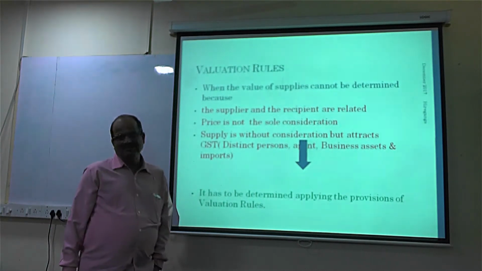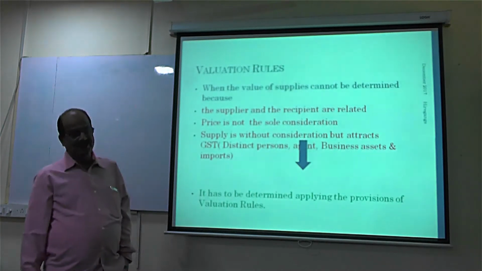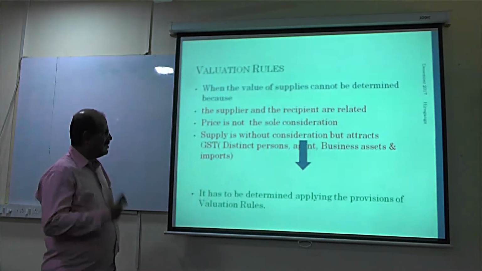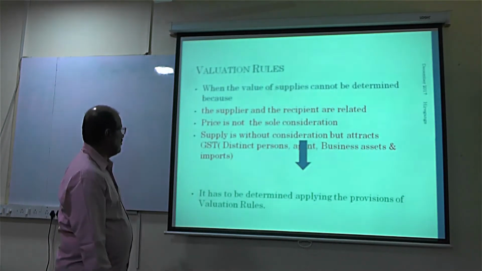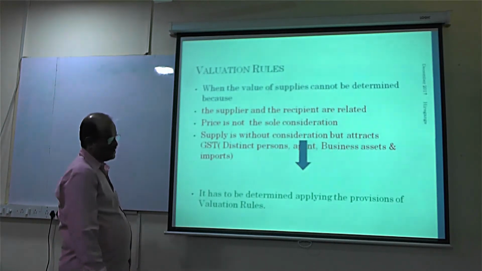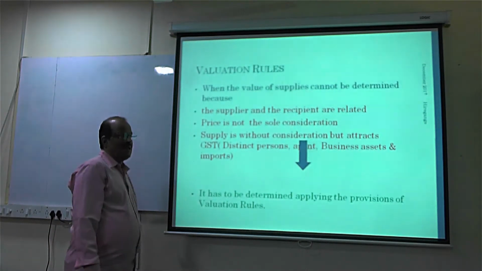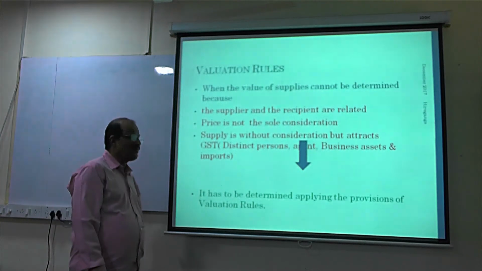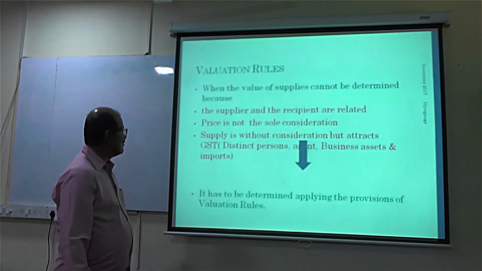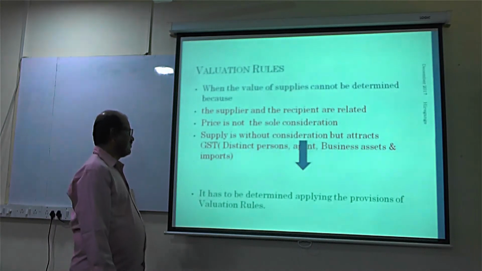The question arises, which are the supplies without considerations but attract GST? There is a separate schedule for this, and the supplies between distinct persons, agent and the principal, and disposal of business assets and imports by individuals are some of the examples of supplies without consideration which may attract GST.